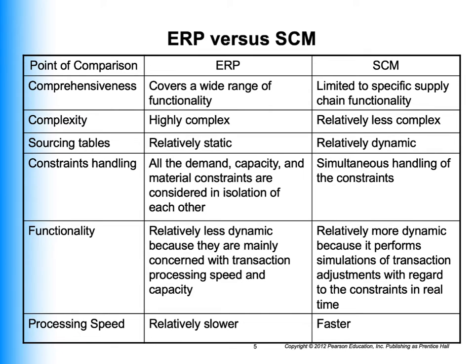ERP is static, SCM is dynamic, this in terms of logistics. On demand for ERP, simultaneous for SCM. In terms of speed, ERP is relatively slower as compared to SCM.